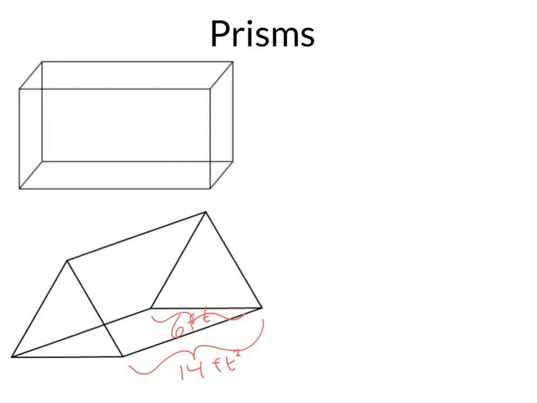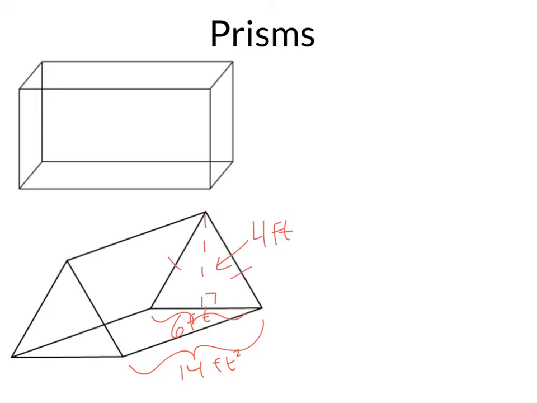With prisms, the bases are congruent. And then let's say I've got this height. Of course, it's perpendicular if it's a height. Let's say this guy here is going to be 4 feet. And we are saying that this is an isosceles triangle. I'm going to say that too.